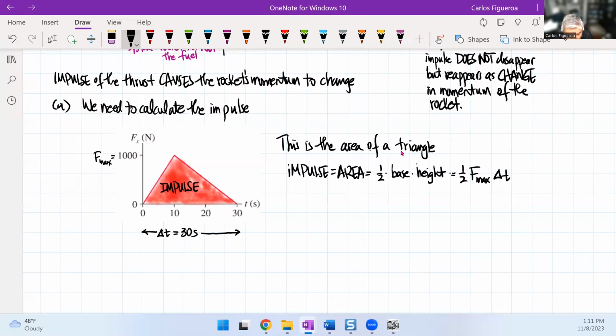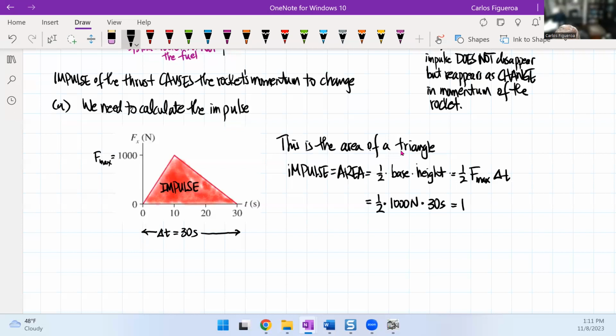So now I can put in my numerical values. So this will be 1/2. What's the height? The height is 1,000 newtons times the base, which is 30. So 1,000 times 30 gives me 30,000, divided by 2.